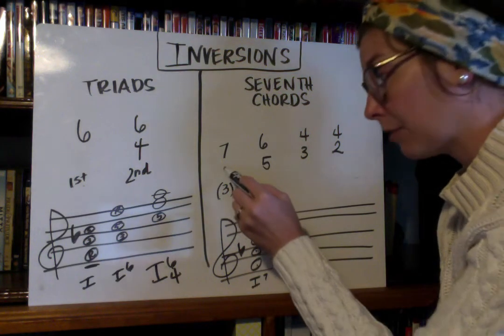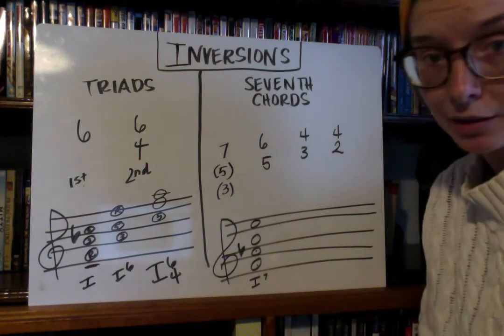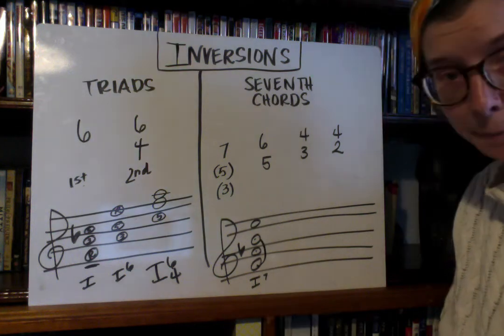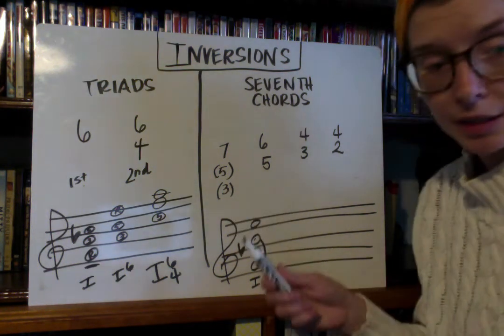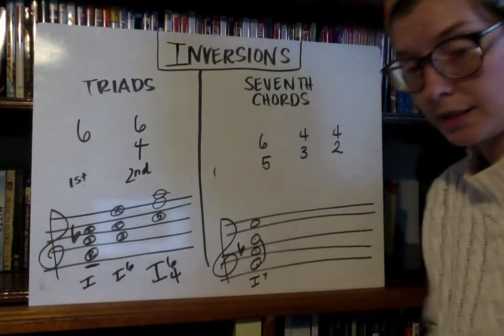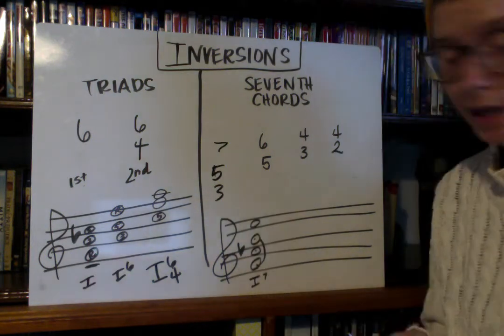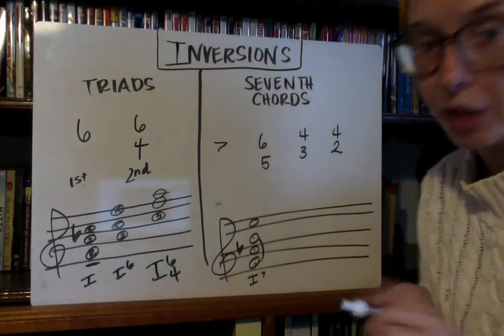And if you don't see a 5, usually you can assume it is implied, okay? I have a fifth right there, okay? So the symbol is not 7, 5, 3, the symbol is just 7 because 5 and 3 are implied, okay?